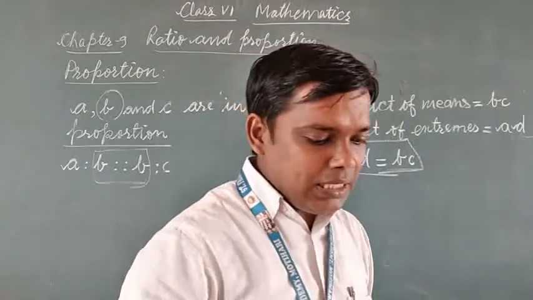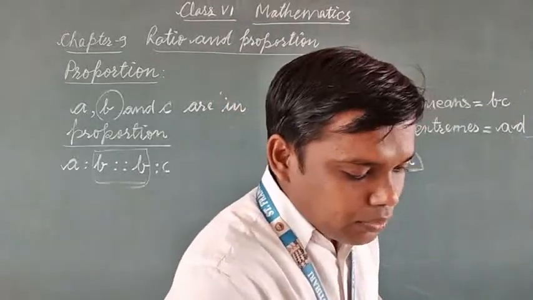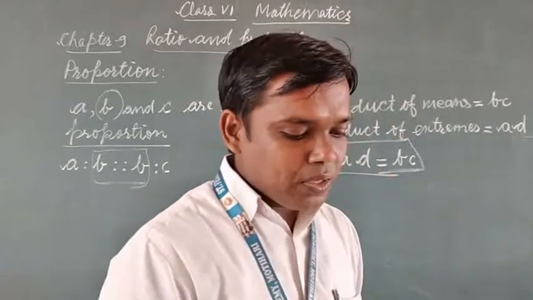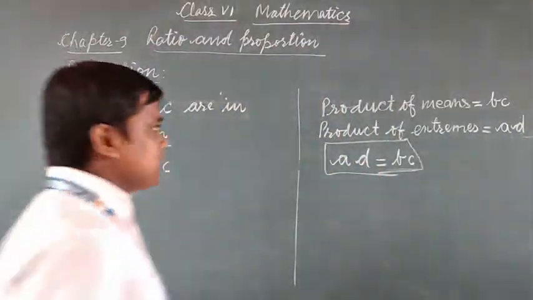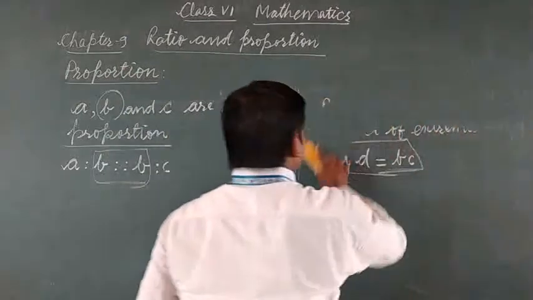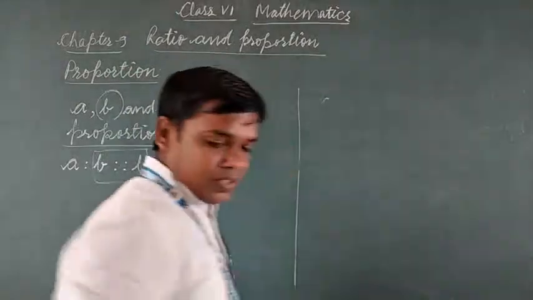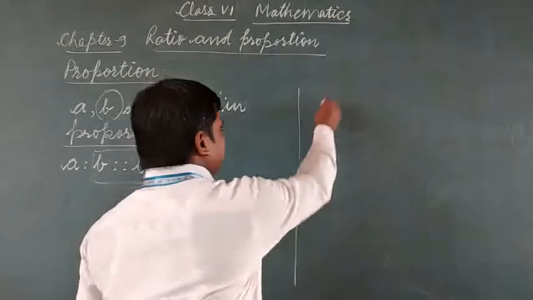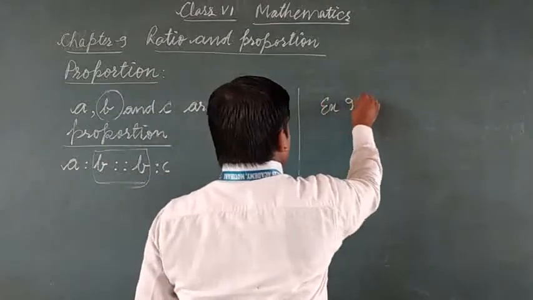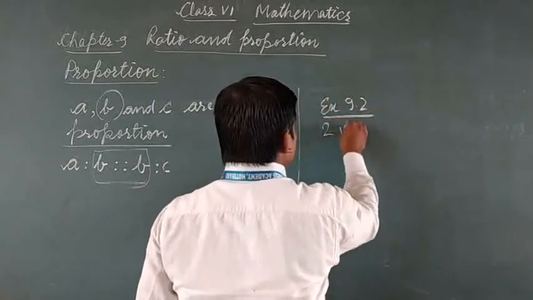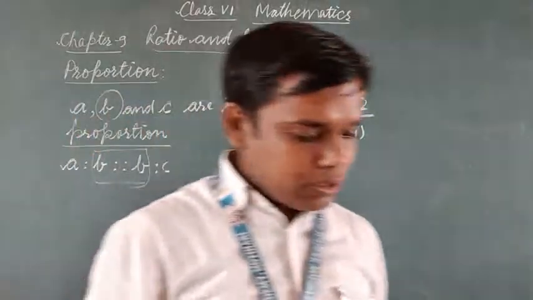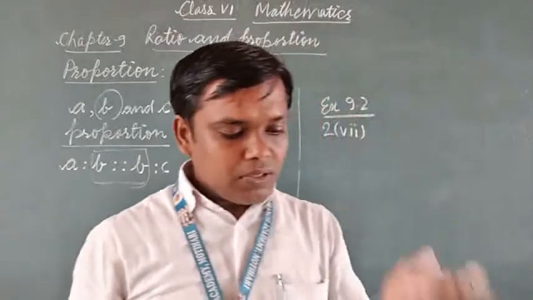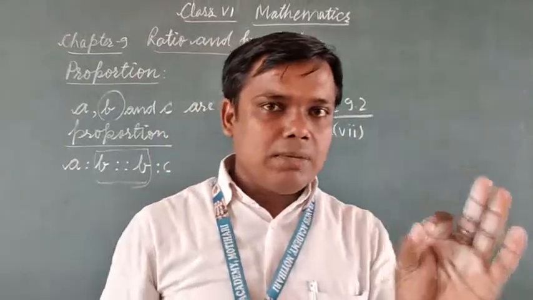I am telling question number 2, Exercise 9.2. You have one question related to this: you have to tell whether the following sets of numbers are in proportion or not.